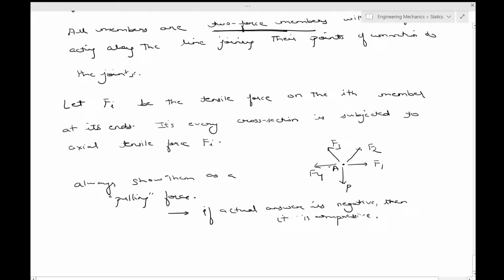So if the forces on a member are pulling, then you call it a tension member or a tie.